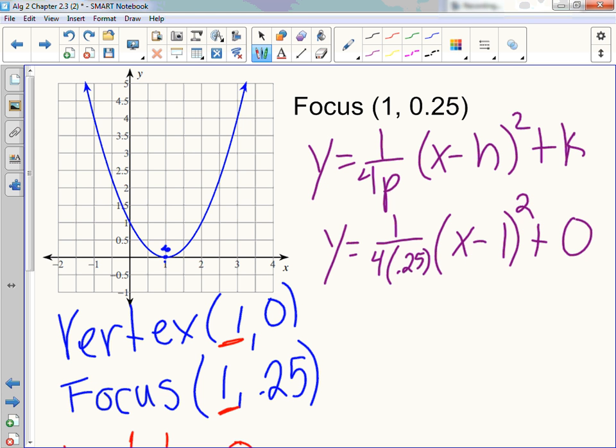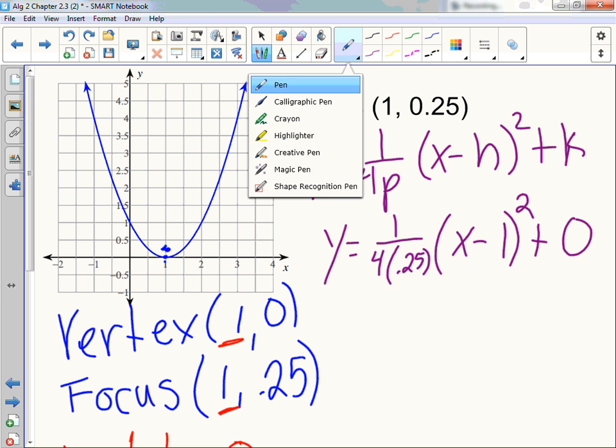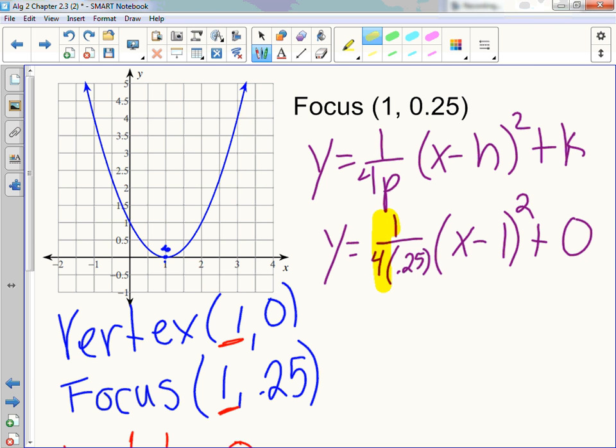So the first thing I would do, you can do this in the calculator, is do 1 over 4 times 0.25. Type this into the graphing calculator, because the graphing calculator will simplify this for you. It works out that this is just 1.